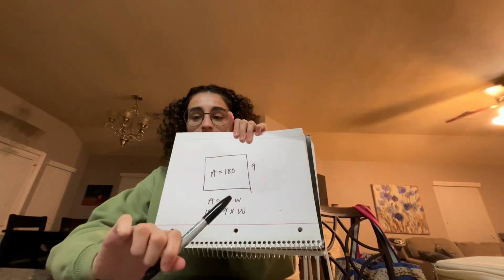And it gives us the length, which is 9. It also gives us the area. So we have 180 is 9 times something, right? Everybody work quietly, and then I'll ask you in a couple minutes what you think the width is.